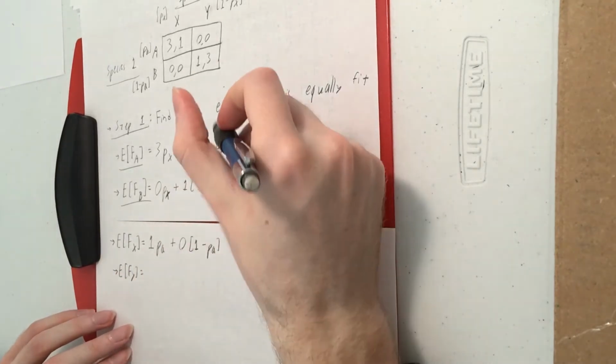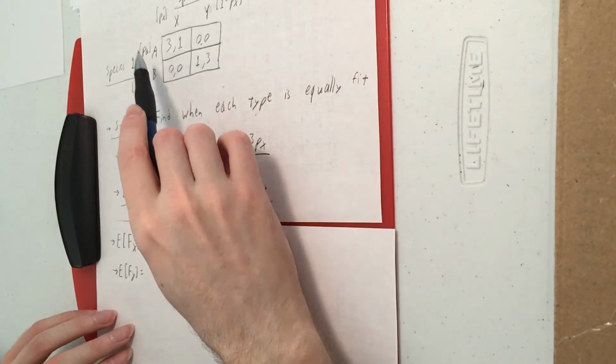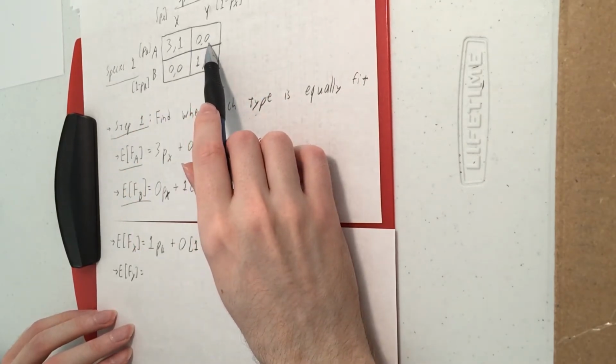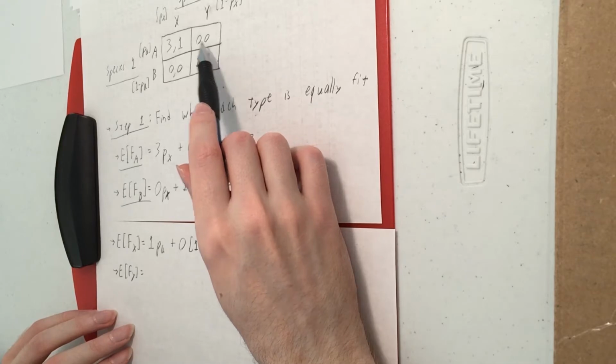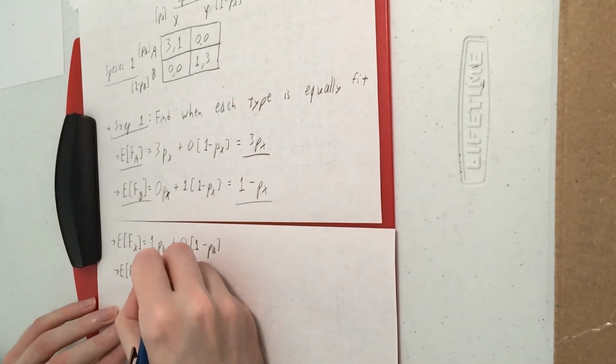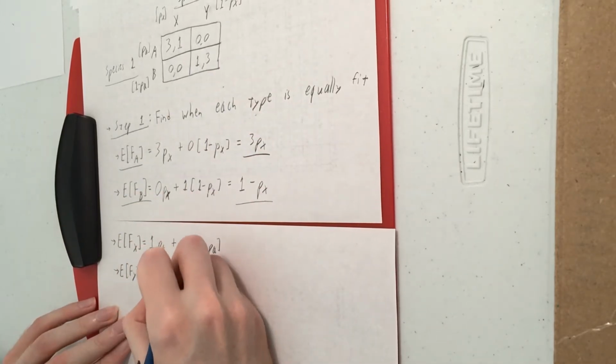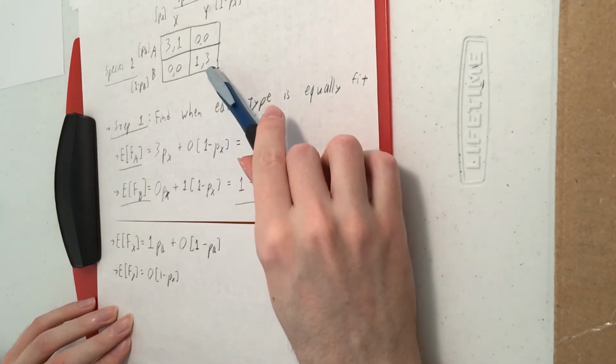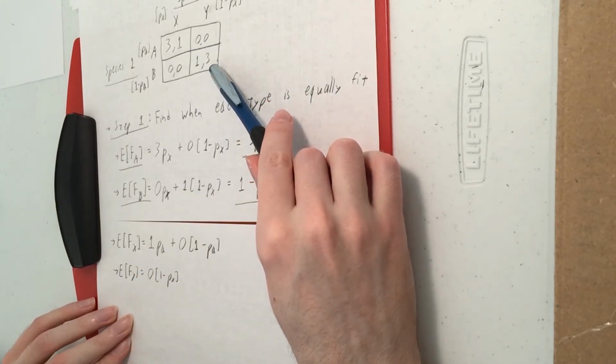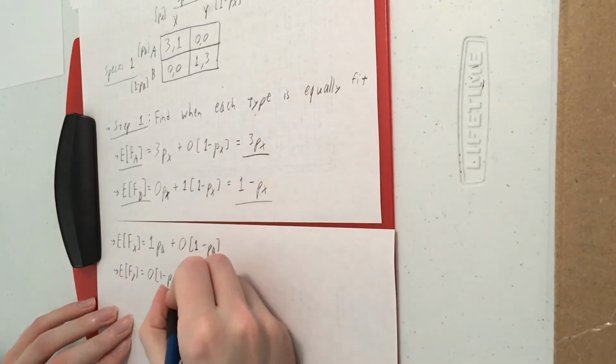Now, if you're a Y type, with probability PA you meet an A type. In that case, you're getting nothing. With probability 1 minus PA, you meet a B type. In that case, you get 3.